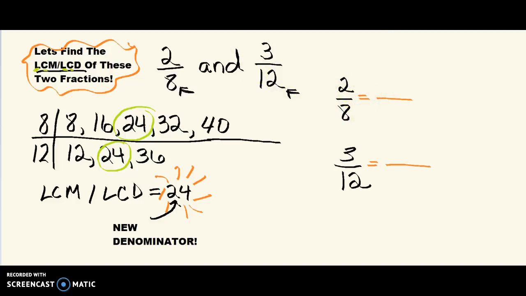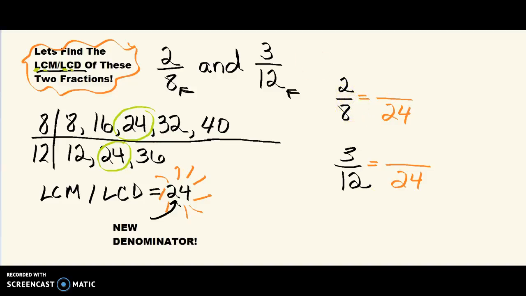But I thought I might take a moment to show how we take this least common multiple and least common denominator and replace our fractions. They're still going to stay the same amount, I'm just making the denominators the same.